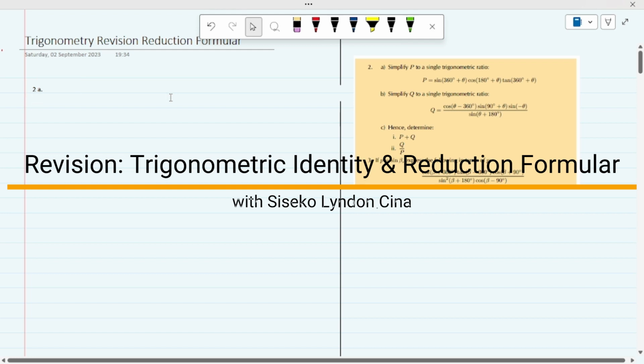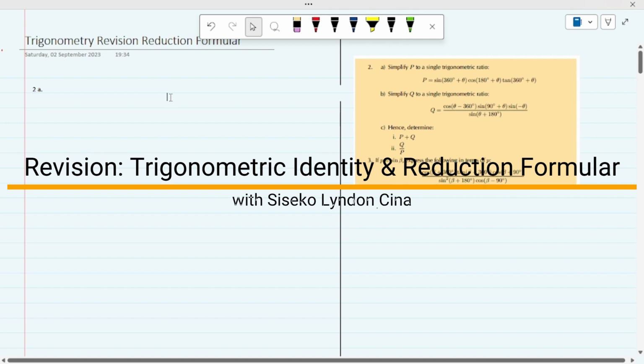So on this number 2 question, we are given to simplify p to a single trigonometric ratio.